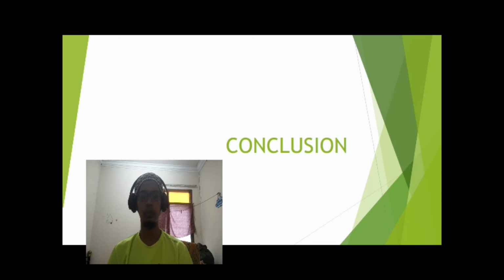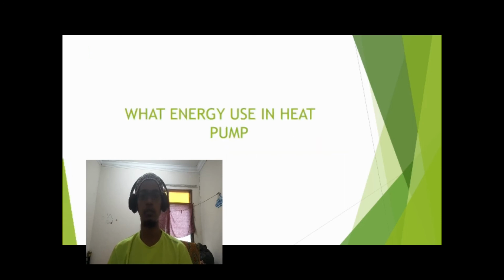So the first point is what energy is used in heat pumps. The heat pump uses mechanical energy to transfer thermal energy from a source at a lower temperature to a sink at a higher temperature.